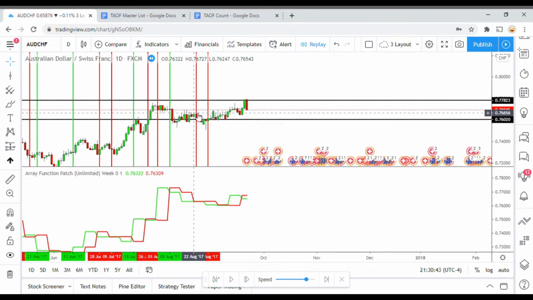Man, it just really doesn't know what direction it wants to go in right here. Let's see, so we kept that, picked up a long signal right here.